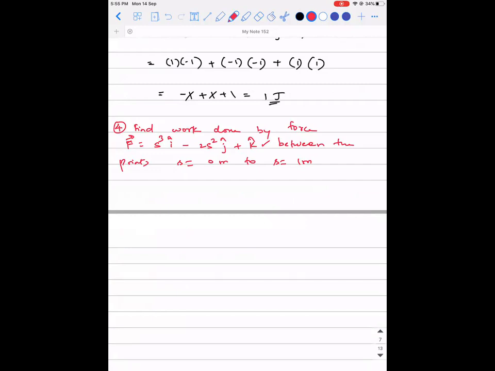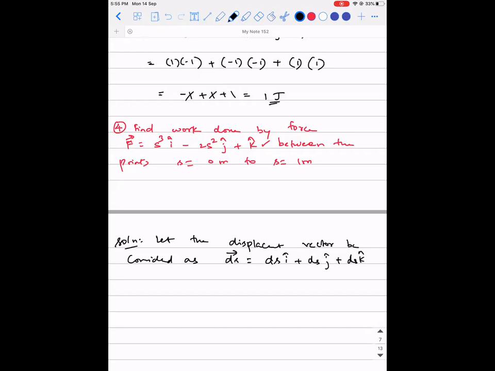Yes, sir. So what you need to do in this kind of scenario is observe the solution that I'm going to do. Let the displacement vector be considered as ds vector equal to ds I cap plus ds j cap plus ds k cap.